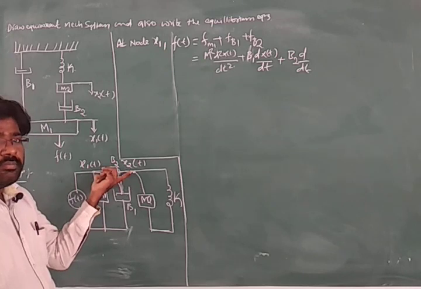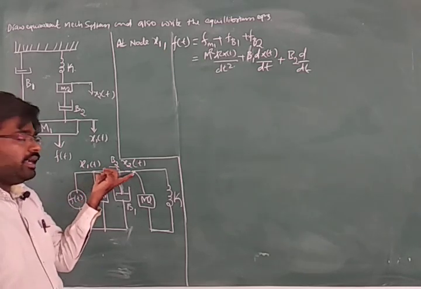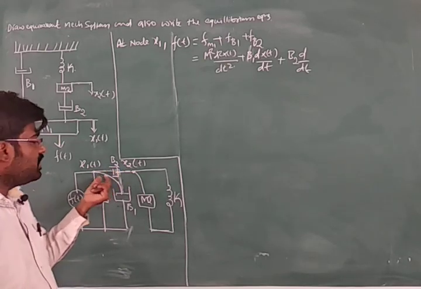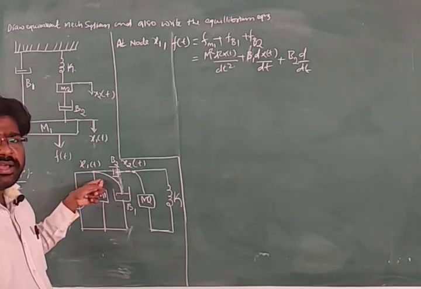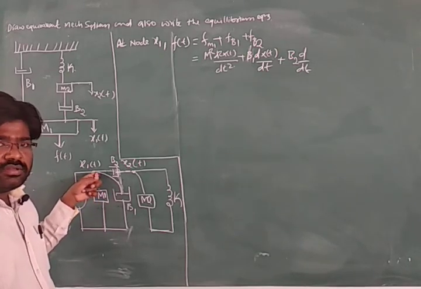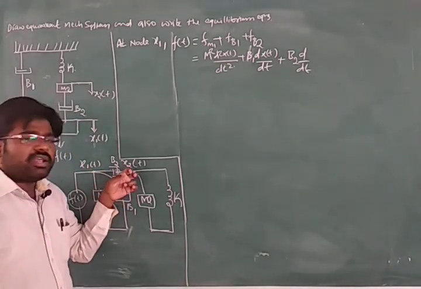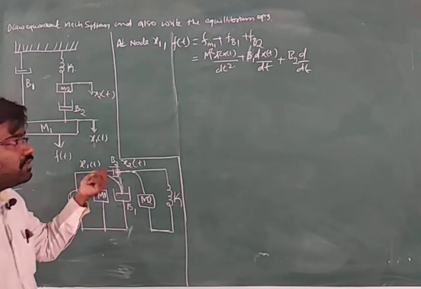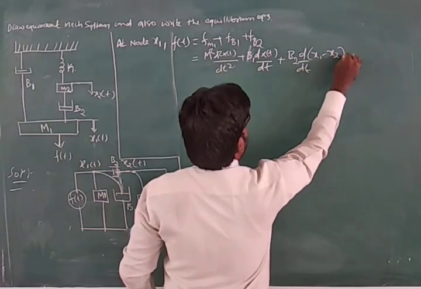Because of the opposing force of the b2, it is influenced by displacements x1 and x2. Since we are applying the node with respect to x1, we have to write x1 minus x2. If we were considering x2, it would have been x2 minus x1. So we are considering with respect to x1, it will be x1 minus x2.